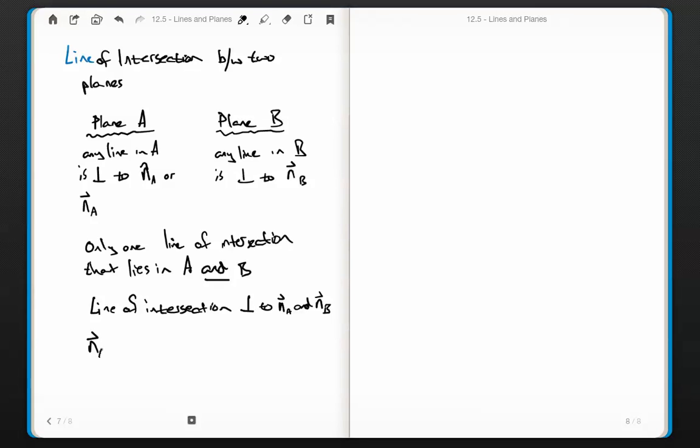NA crossed with NB is perpendicular to both, hence parallel to the line of intersection.